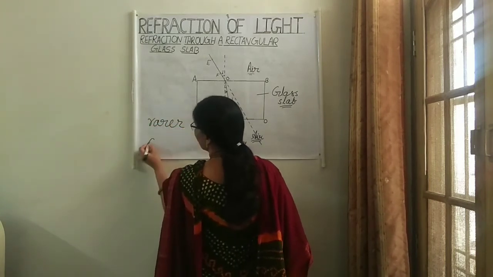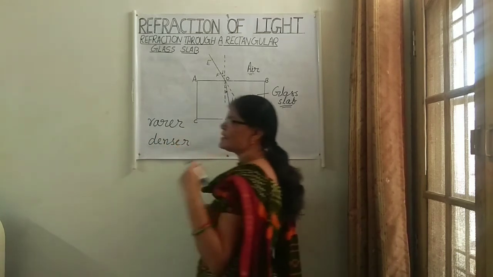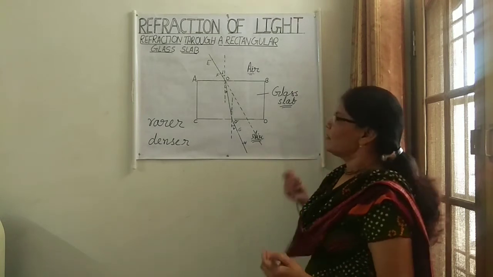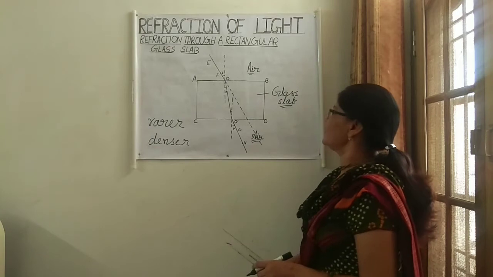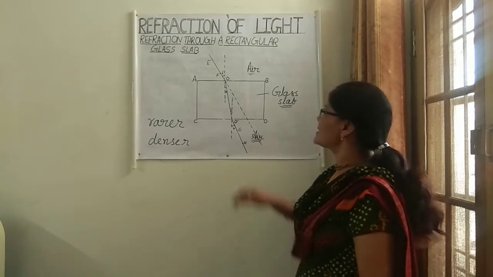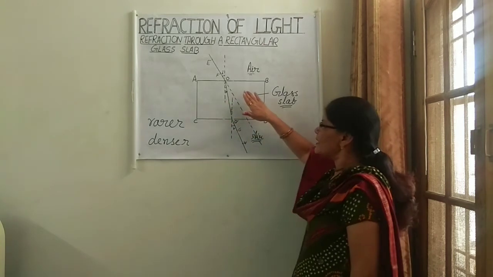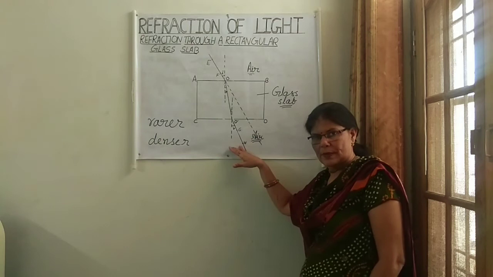When it changes from rarer to denser medium, it bends towards the normal. And when light passes from denser to rarer medium, it bends away from the normal.